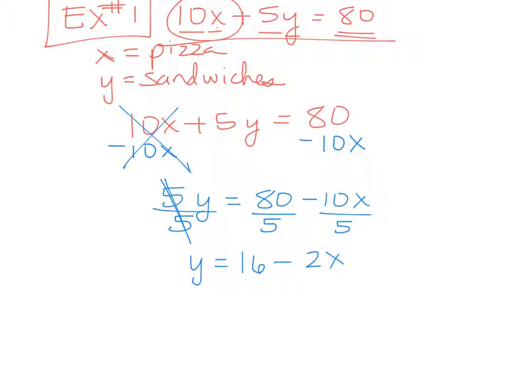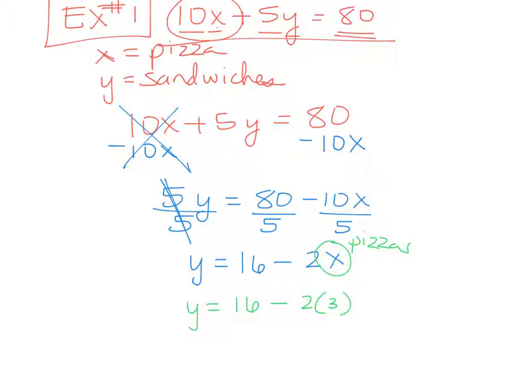Now here's the beauty. We said if we bought 3 pizzas, how many sandwiches could we buy? If we bought 6 pizzas, how many sandwiches could we buy? Well, here's our pizzas, this is the number of pizzas we have. So all you have to do now is say y equals 16 minus 2 times 3.